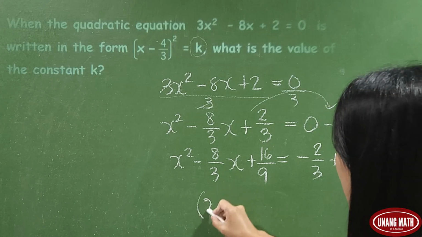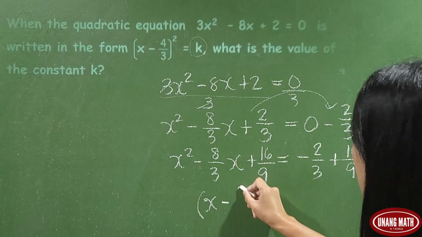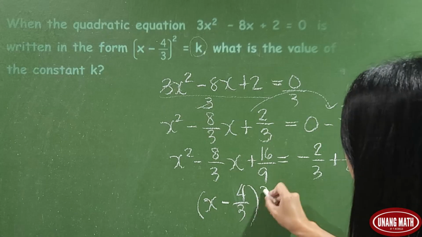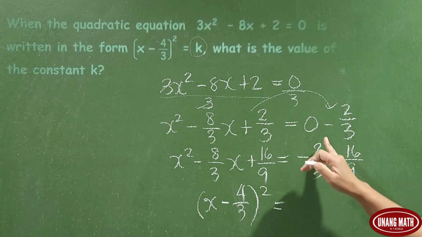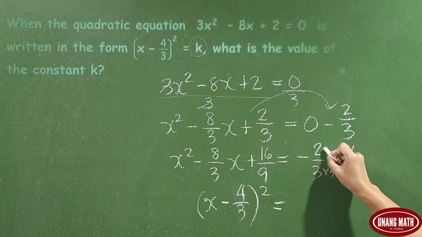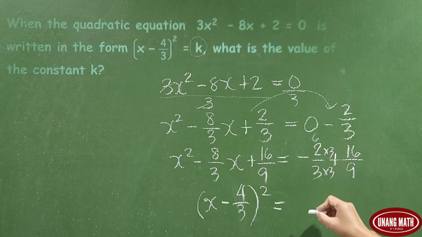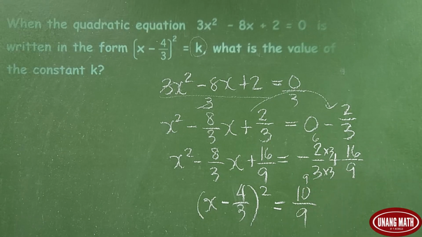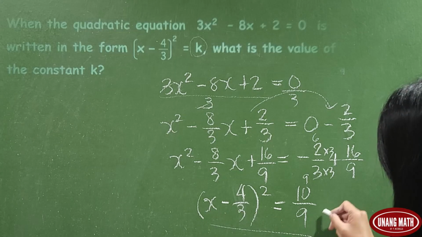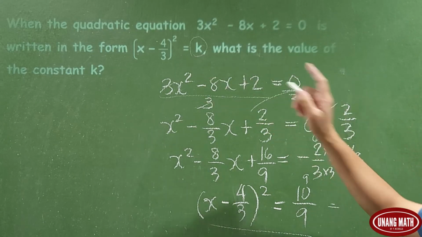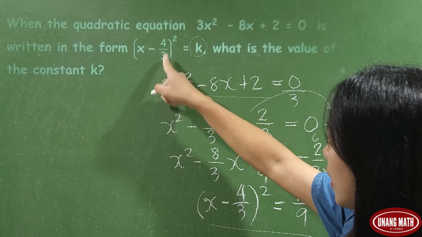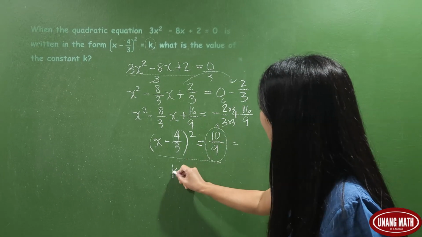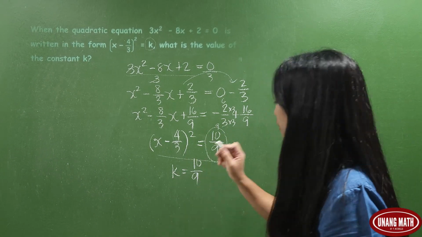It means this is (x minus 4 over 3) squared, and this is equal to, okay, make the same denominator, times 3 times 3, so we have negative 6 over 9 plus 16 over 9, which is positive 10 over 9. And this is equal to this one: (x minus 4 over 3) squared is equal to k. So it means k is 10 over 9.